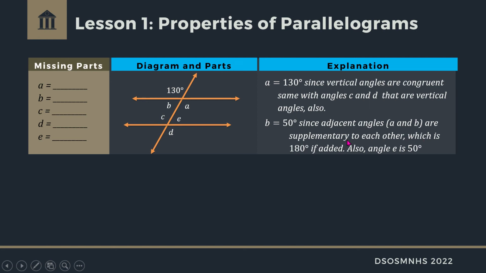Since angle A is 130, angle B is 50. Okay, 130 plus 50 degrees is 180 degrees. That is exactly one half of a circle in measurement.